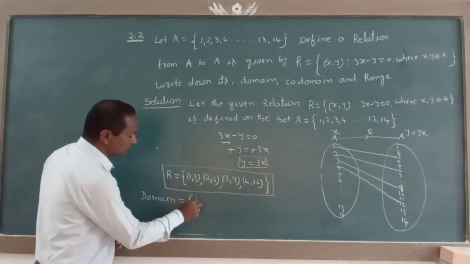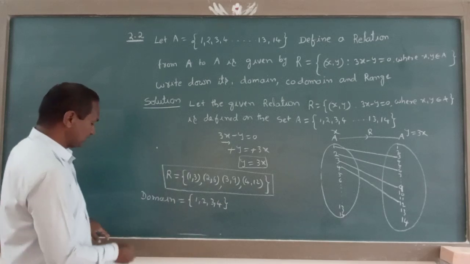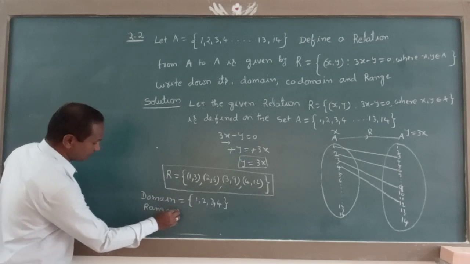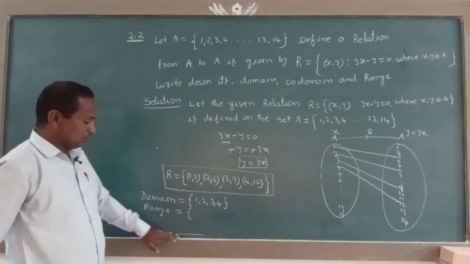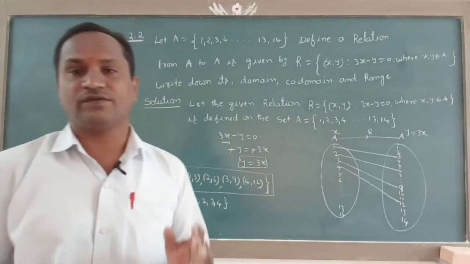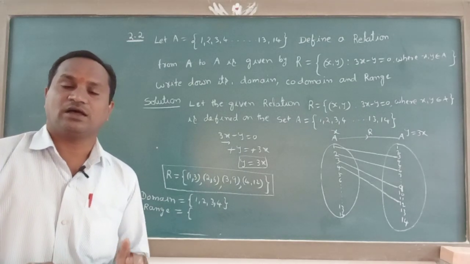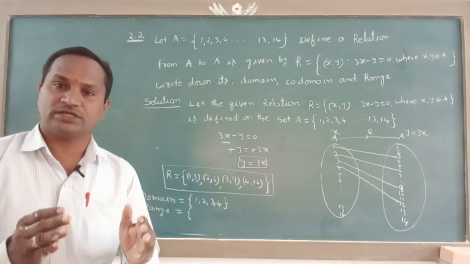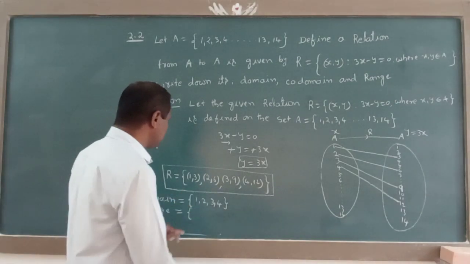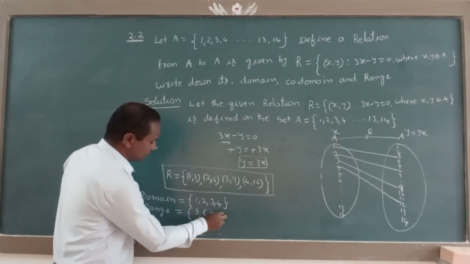That is 1 comma 2 comma 3 comma 4 only here. The range. Range means already I have told the definition for range also. What is the definition for range? Set of all second elements of the relation capital R is called range. Now the second elements, what are the second elements here? 3 comma 6 comma 9 comma 12.